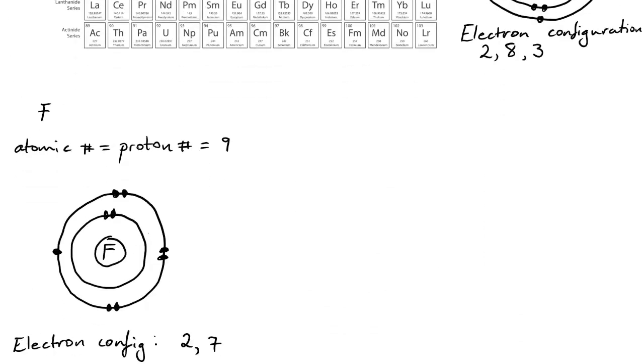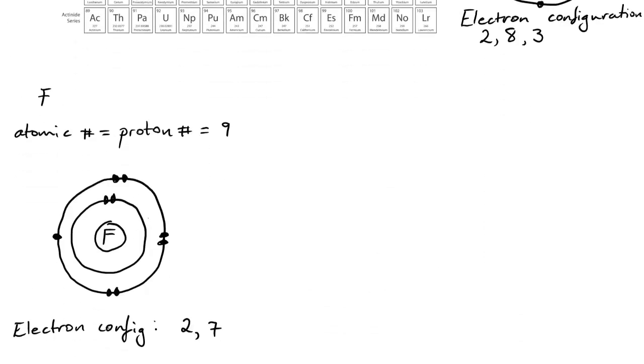Finally. Okay, so if we write out potassium, we also know that the atomic number, which is also the proton number, is equal to 19.